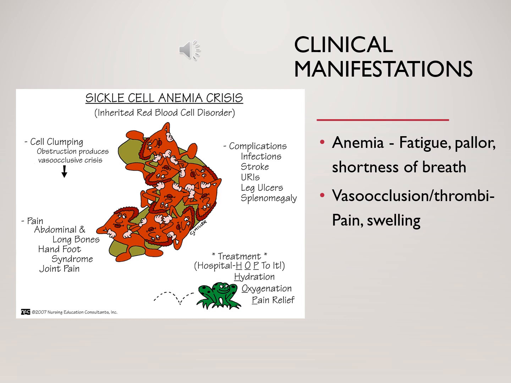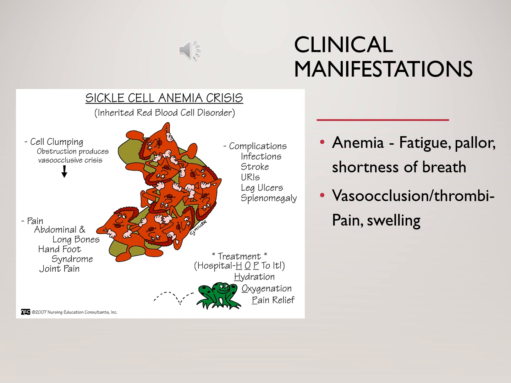And there are 4 types of these crises. Vaso-occlusive, which is the most common type. It's very painful, caused by the obstruction of vessels by hemolyzed cells, leading to tissue hypoxia and pain. There is an aplastic crisis in which the bone marrow ceases to produce red blood cells with subsequent decrease in the blood reticulocyte count.